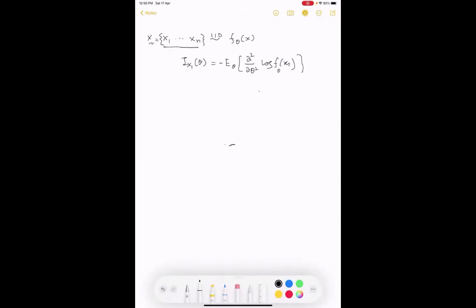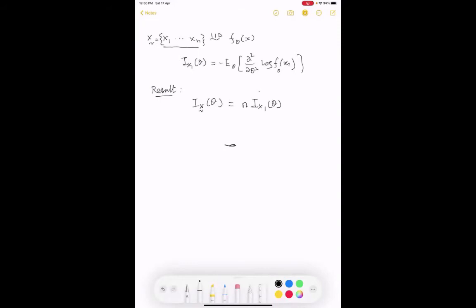Then the result is, one can show, I'm not going to the proof, I'm just stating the result, that the information of the entire data set is n times I_X1(theta).